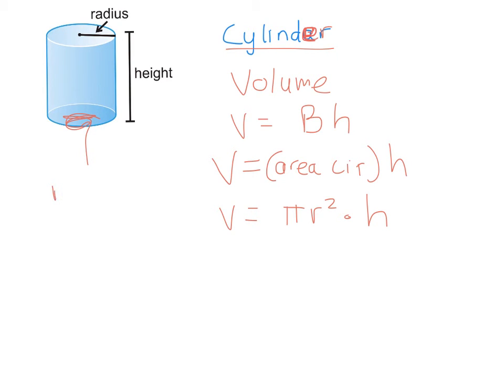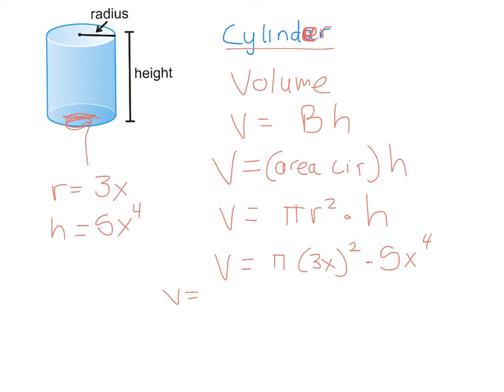So if our radius was, say, 3x, and the height was 5x to the fourth, then we would be going pi times (3x) squared, and then multiplying that by 5x to the fourth.